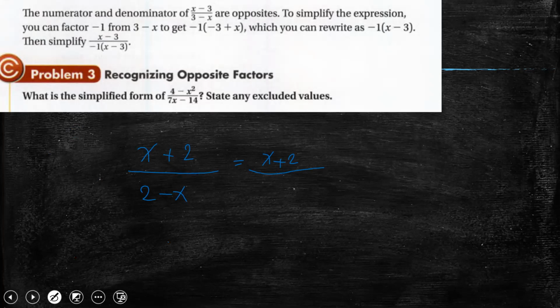Look at the sign of x here, the sign in the numerator and the sign in the denominator. Since the signs of the variables are opposite to each other, I will say that x plus 2 and 2 minus x are opposite factors.